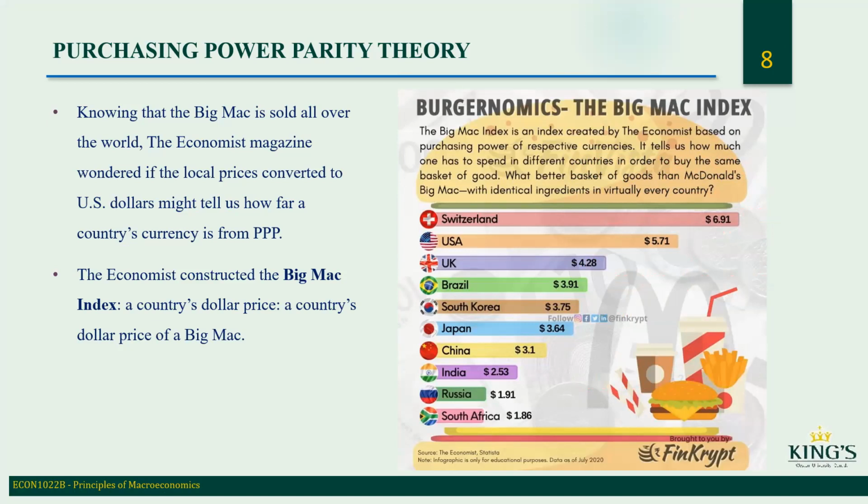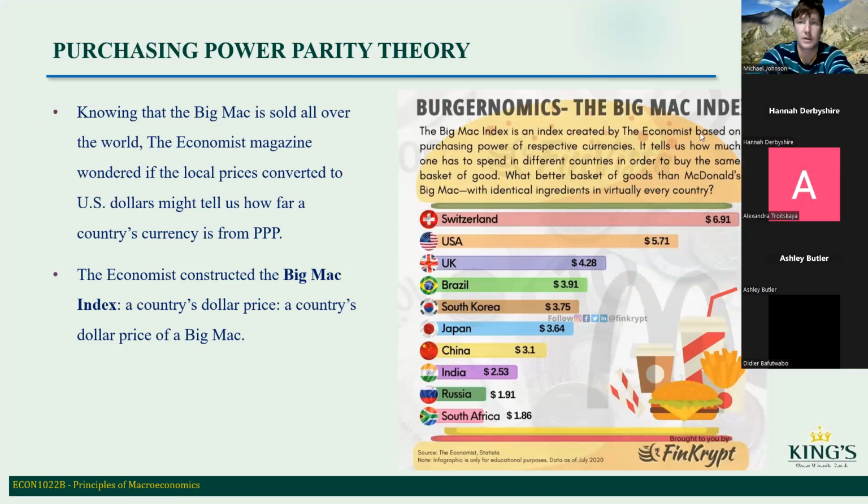So they use the Big Mac index to determine a country's dollar price of a Big Mac. It's pretty accurate. It shows you how much one has to spend in different countries in order to get the same basket of goods.